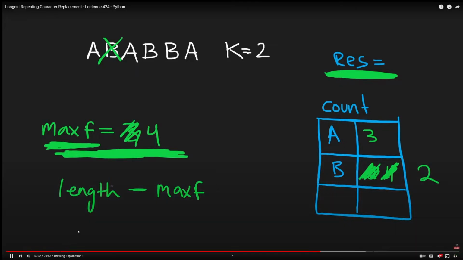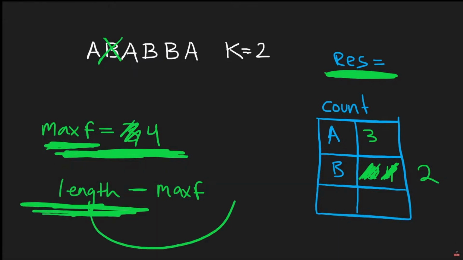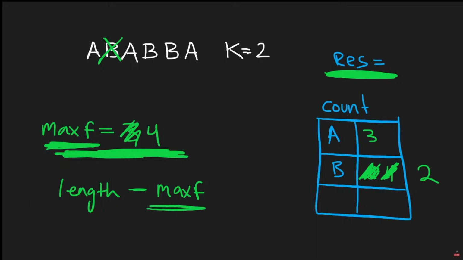So we want the length to be maximized because that's what our result is going to be set to. Therefore we also want the max frequency to be maximized, because we want to ensure that this is less than or equal to K, and K is going to be a constant.